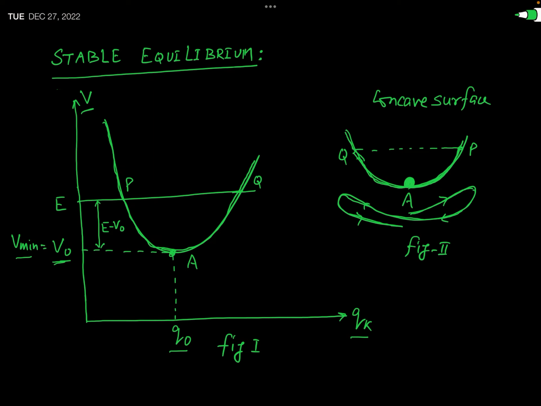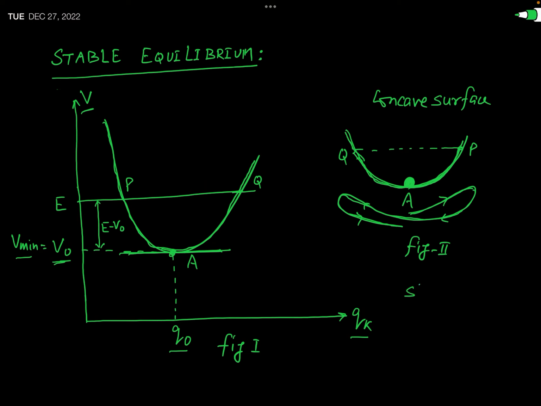Now corresponding to this point, if you want to find the slope of this potential energy curve, how do we find the slope? For getting the slope of this curve corresponding to point A, we have to draw a tangent. You can see in the figure, this tangent is parallel to the qk axis.